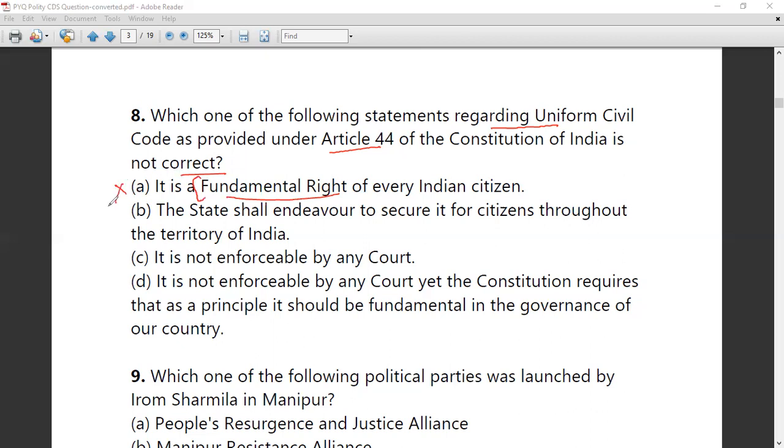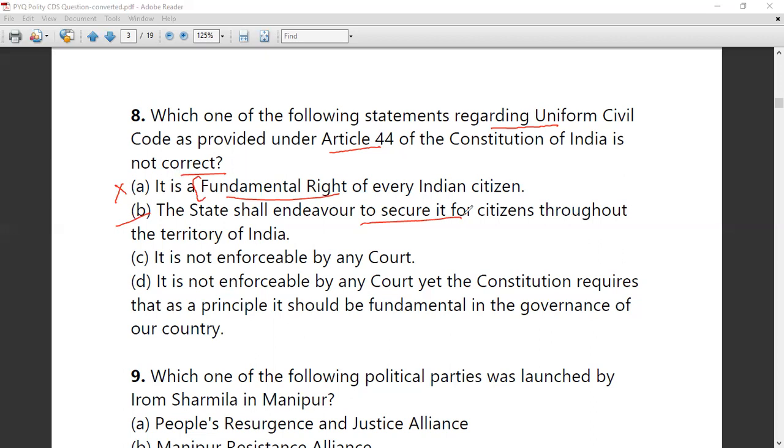Second option: the state shall endeavor to secure it for citizens throughout the territory of India. Yes, the states will endeavor to secure it for citizens. As it is a direction to the governments, the government may make laws on these whenever it is suitable. Like in India, there are two dry states, Bihar and Gujarat.